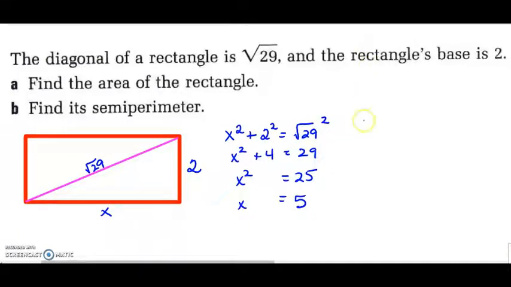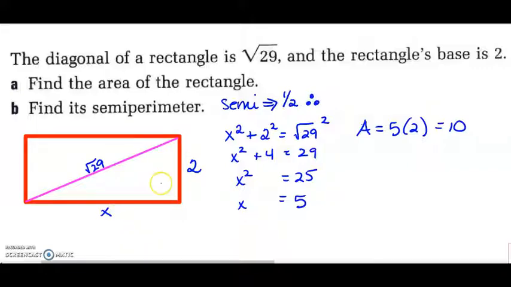Then the area is 5 times 2, or 10. The semi-perimeter, semi means half. Therefore, the semi-perimeter is 5 plus 2, or 7.